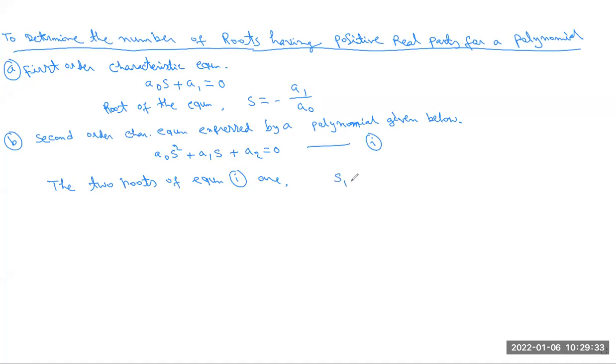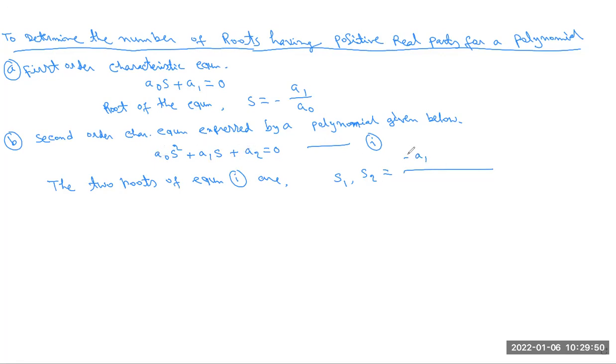This is s1, s2 equals, we know the one formula, minus b plus minus root over of b square minus 4ac, divided by 2a. Here b means a1, because we know this is a, this is b, and this is c.